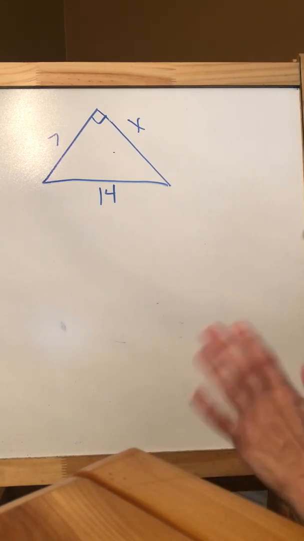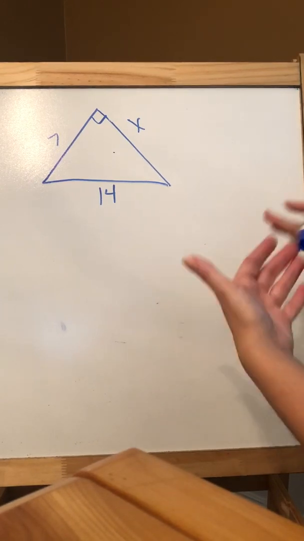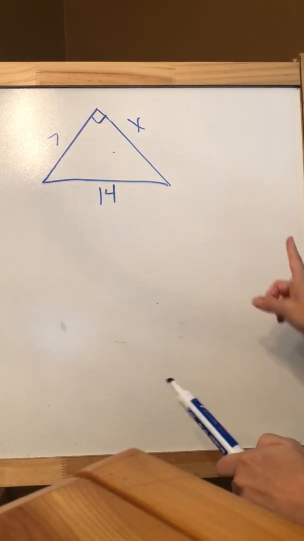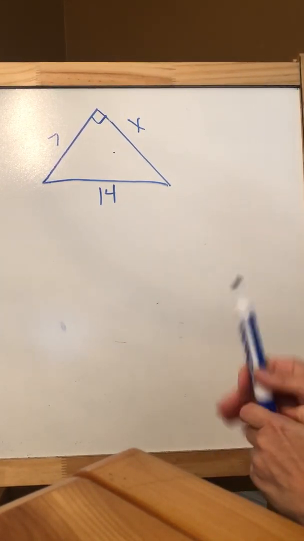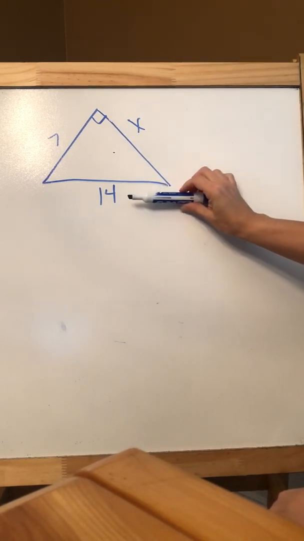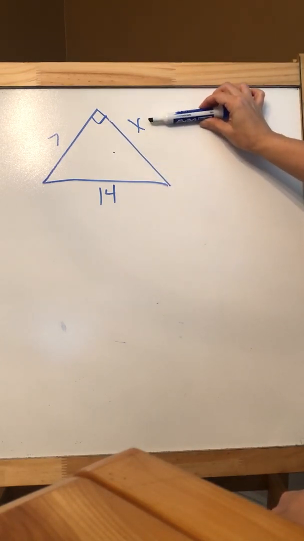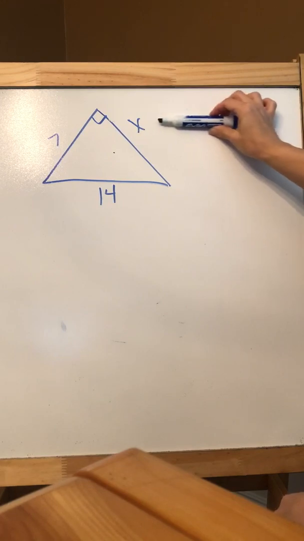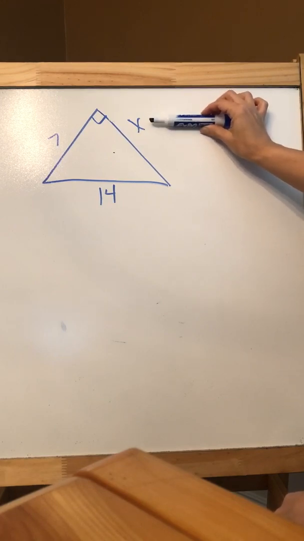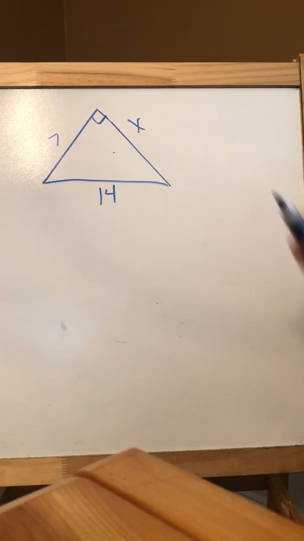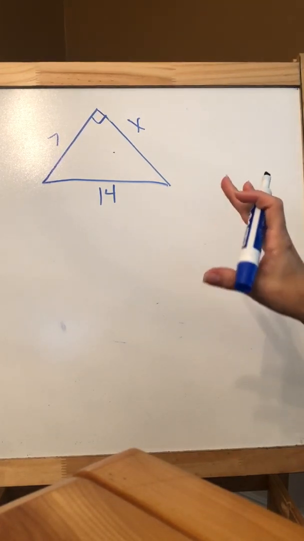However, most of the problems that we're actually going to be working with when we get to the circles unit are not going to be Pythagorean triples. A few may, but most will not. So you're going to end up with either a root form, a simplified square root form for your answer here, or you're going to end up with a decimal if they say you can estimate. So I want to actually work some that will be like that.